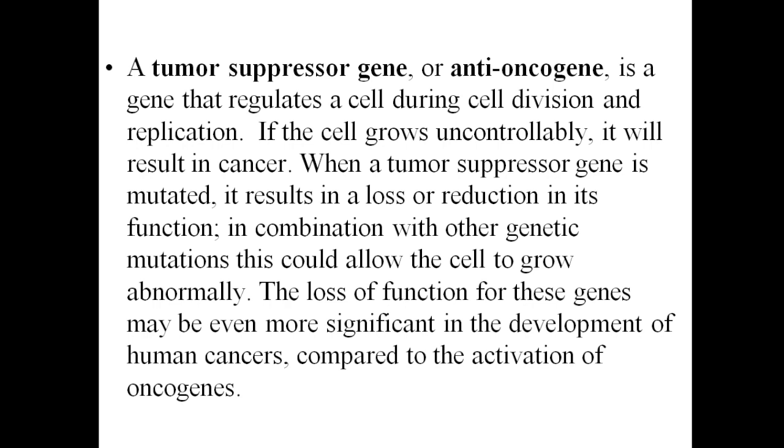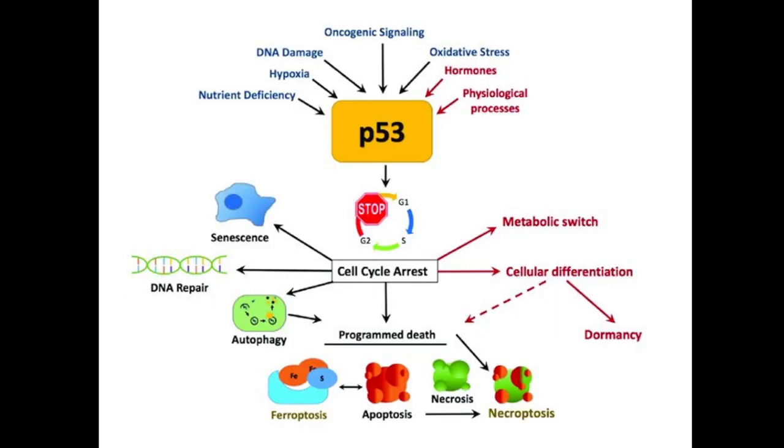And mutations in anti-oncogenes, tumor suppressor genes, lead to destruction of activation of apoptosis or gene repair, and dysfunction of it. One of the so-called guards of the genome is protein P53.